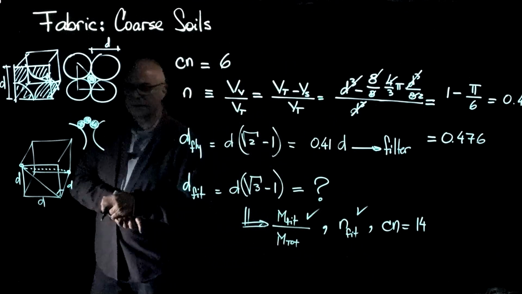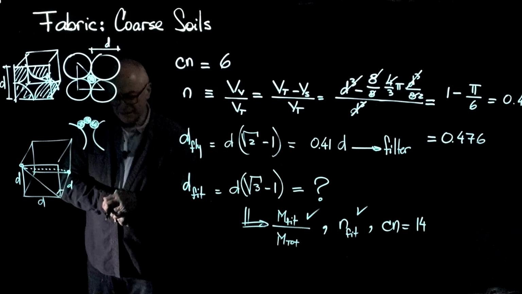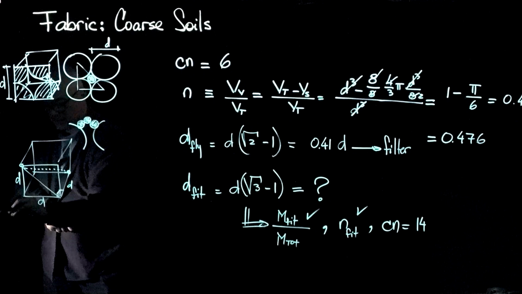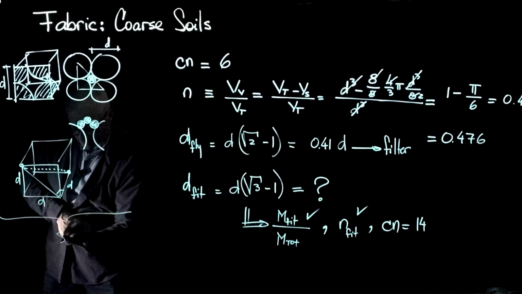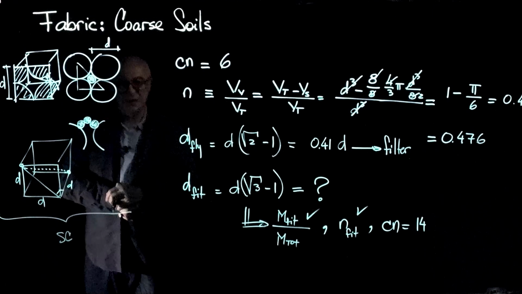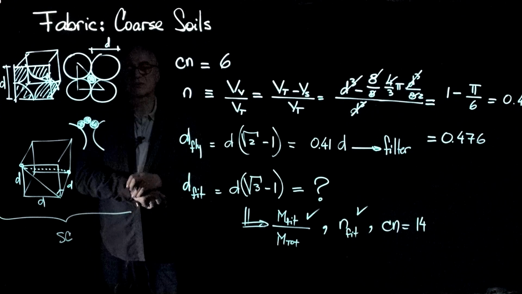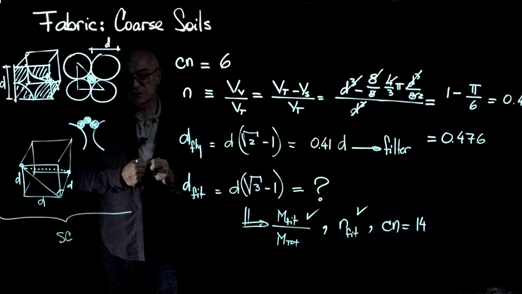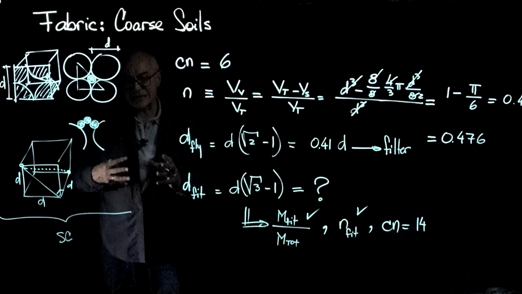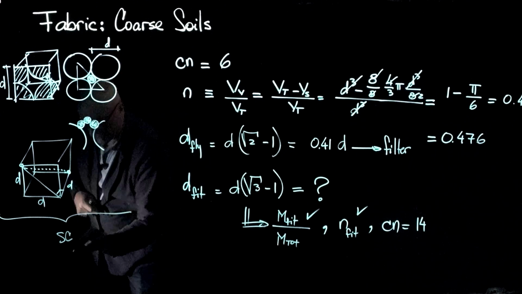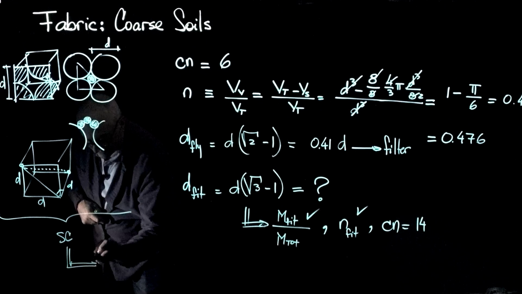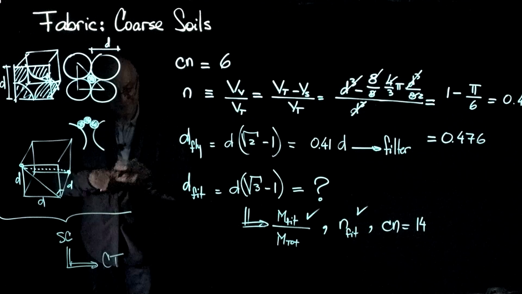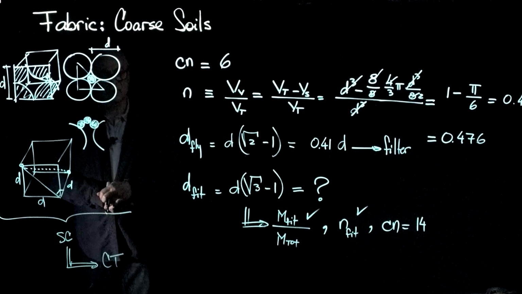And then, let me invite you to think that while we did all this for simple cubic packing, which is very easy to visualize, now let's assume that you started with a cubic tetrahedral packing, which was significantly denser to begin with. So now, how would you extend this analysis for cubic tetrahedral packing? And ask yourselves all the questions all over again.